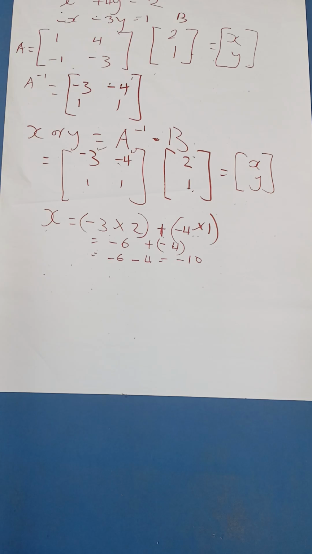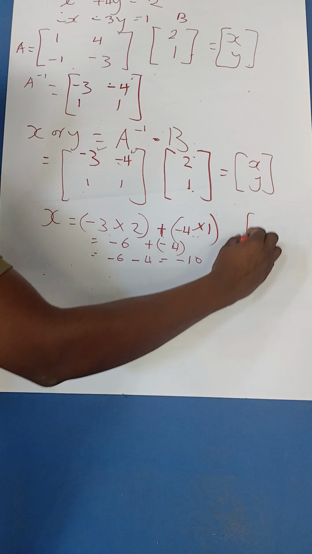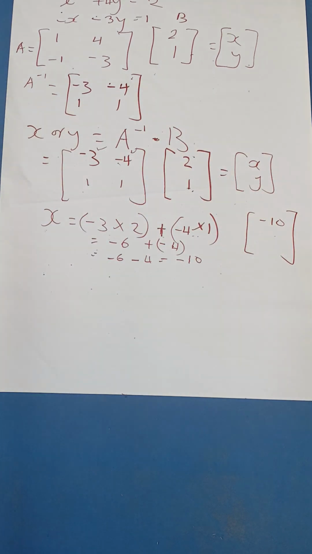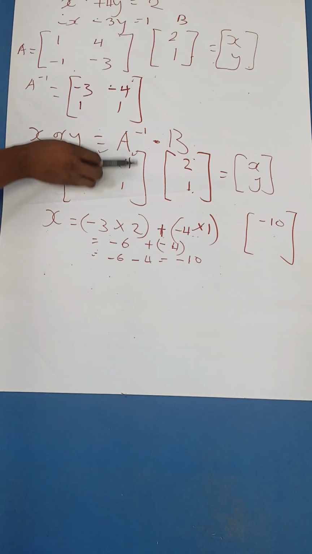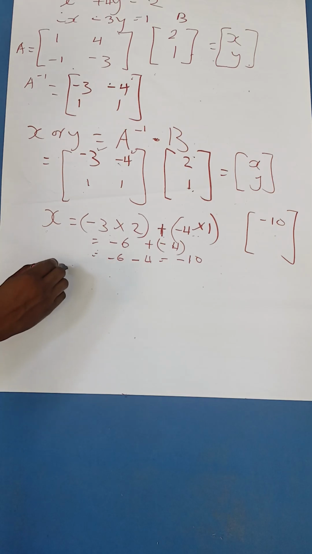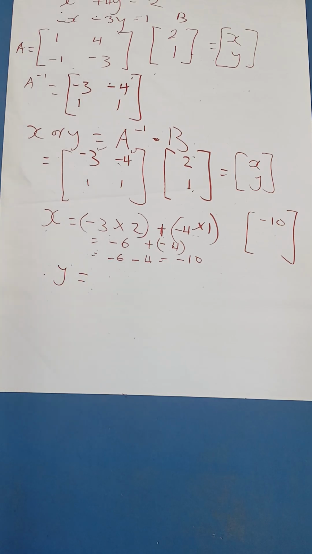So your value for x is what? Negative 10. Good. But let us put it here. So we have negative 10. Let us see the value of y. How do you get the value of y? Very easy. We are done with the top. Let us go to the bottom, the lower part of that inverse there. So y, for this case, will be very easy.